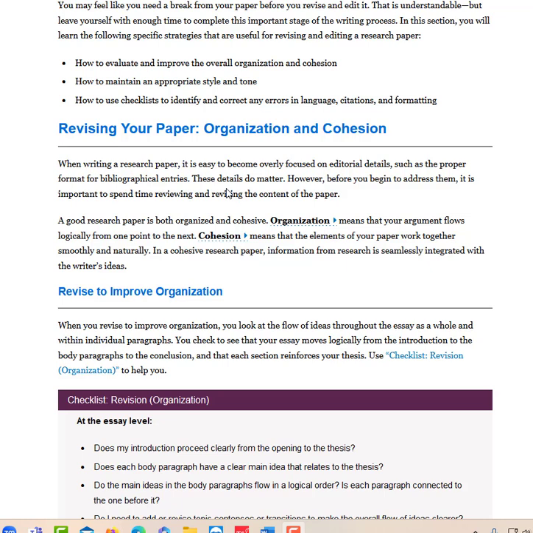When you revise to improve organization, you look at the flow of ideas throughout the essay as a whole and within individual paragraphs. You check to see that your essay moves logically from the introduction to the body paragraphs to the conclusion, and each section reinforces your thesis.